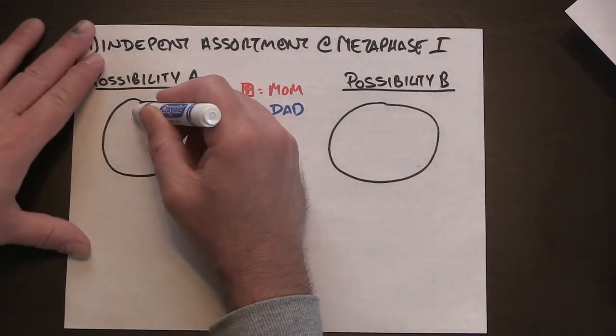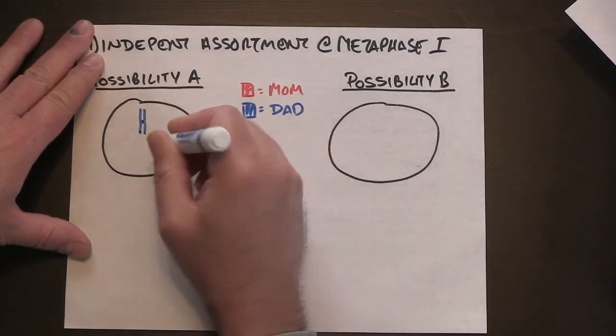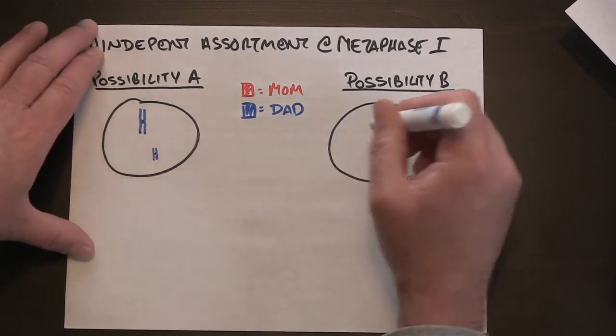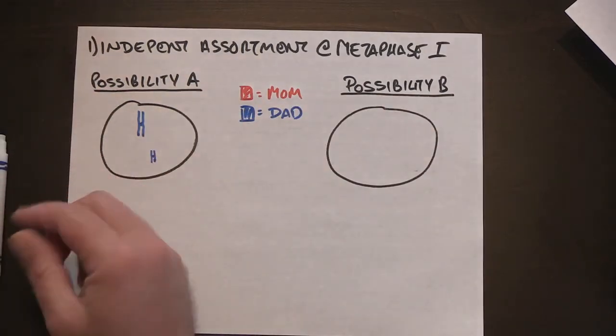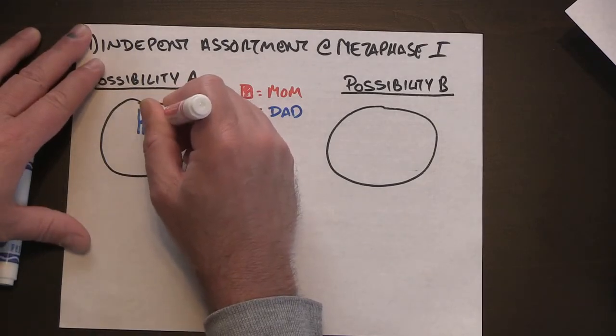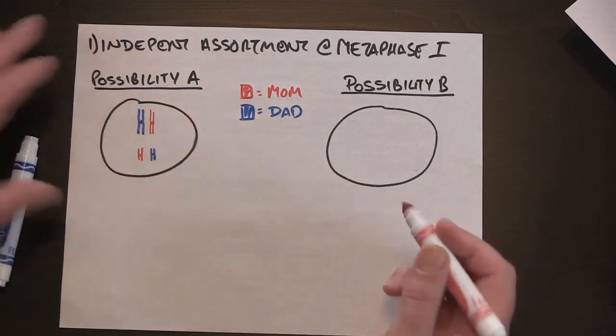So we'll make one kind of big one and one kind of small one, and then the homologous one that you get from your mom.